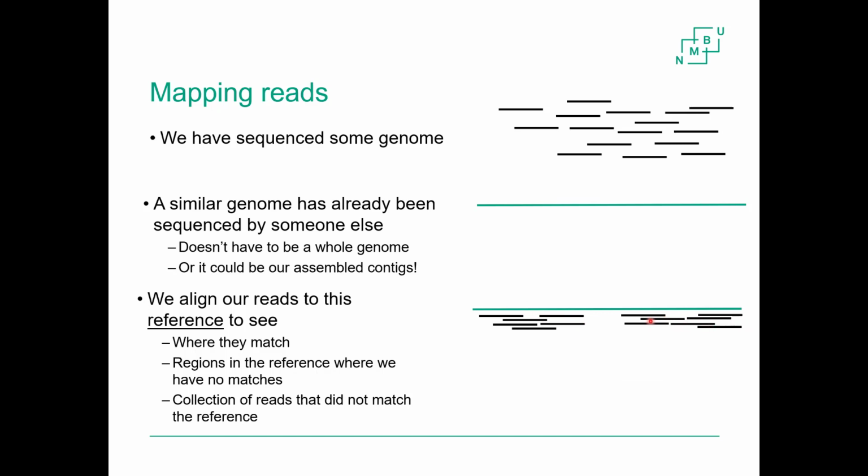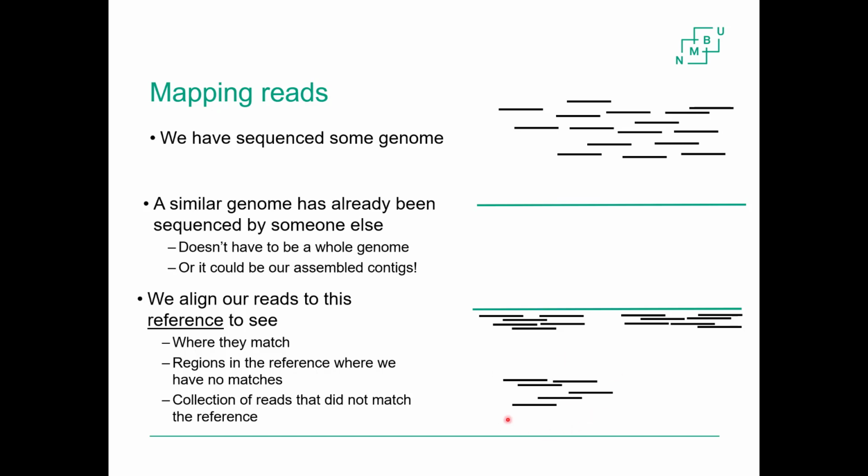And here we have another, but notice there is a region in the middle with no reads mapped. If we observe this, then we can say, okay, this region is in the reference, but it is not in our newly sequenced genome. Because if it was, there should be some reads here matching this part as well. But since there are no reads, we can conclude that this is not part of our new genome.